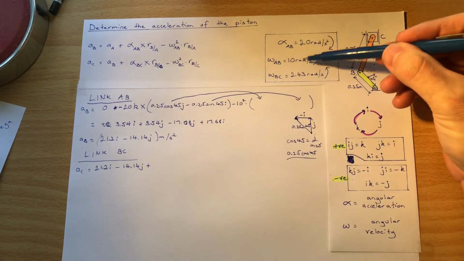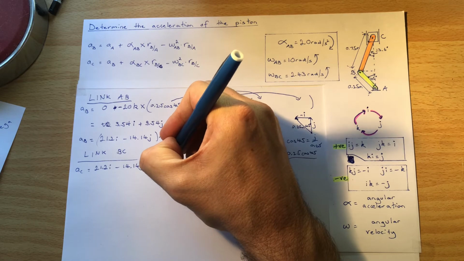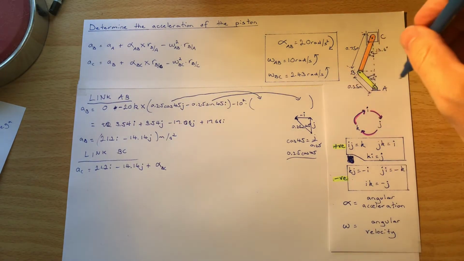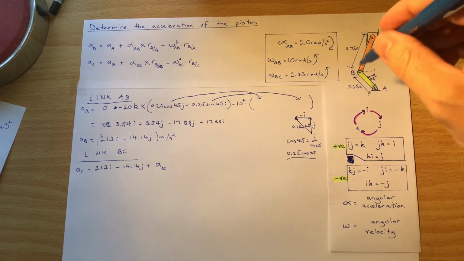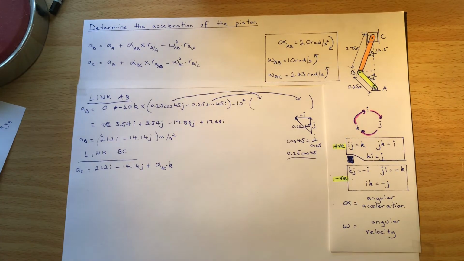This is what we're trying to find out. Note again, angular acceleration is in the k vector component as it rotates around the k-axis. Make sure you have k with that cross product.